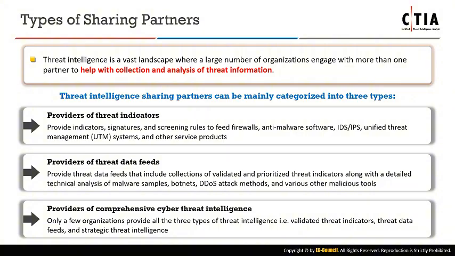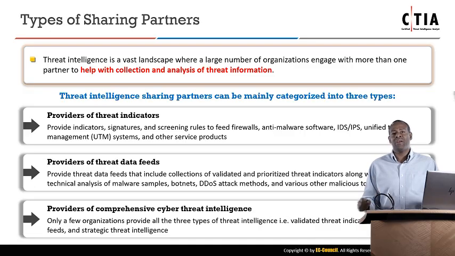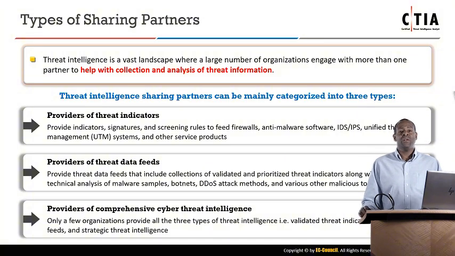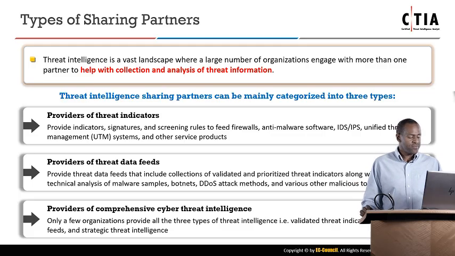Well, signatures for screening rules for firewalls, signatures for anti-malware software, signatures for IDS, IPS, signatures for UTM systems, Unified Threat Management, and signatures for other types of products. And so we can say, hey, I've found threat indicator signatures for my specific network devices, and use those signatures. And if we create specific signatures for our devices, we can share those with other partners.